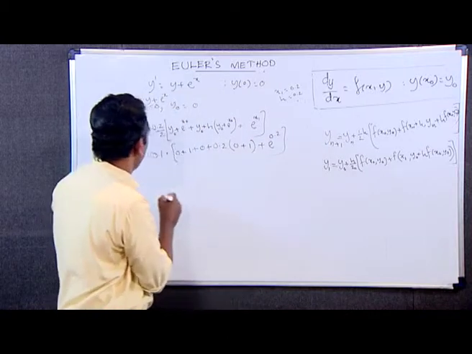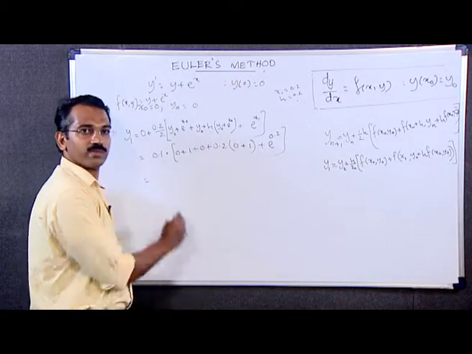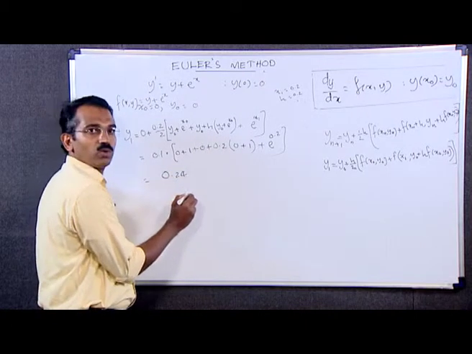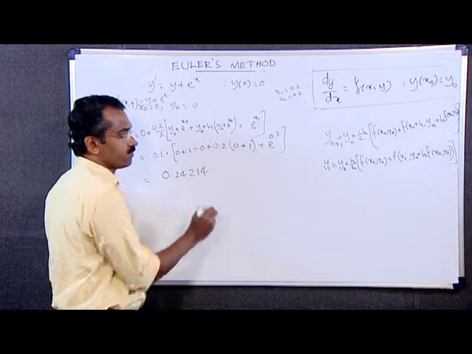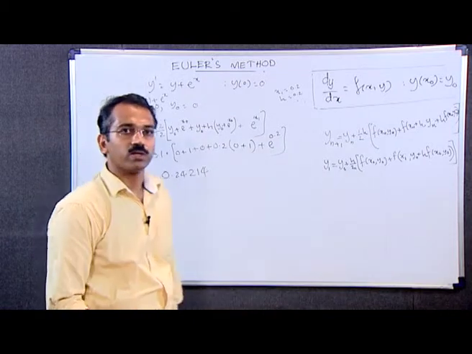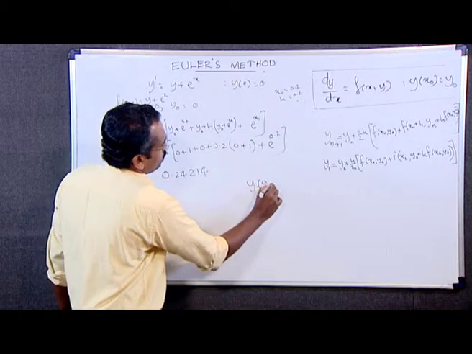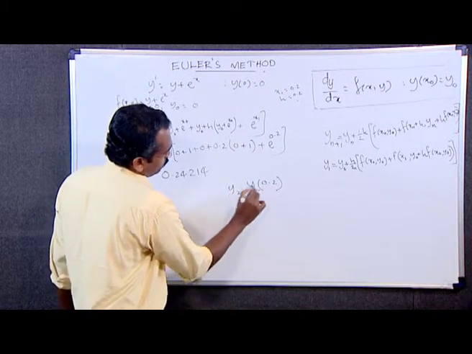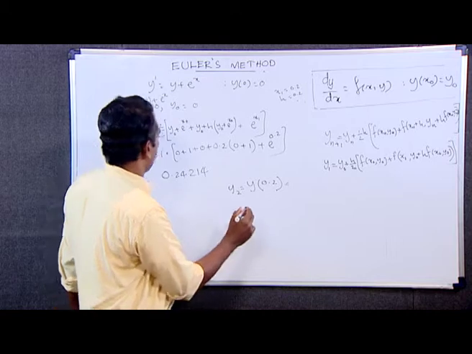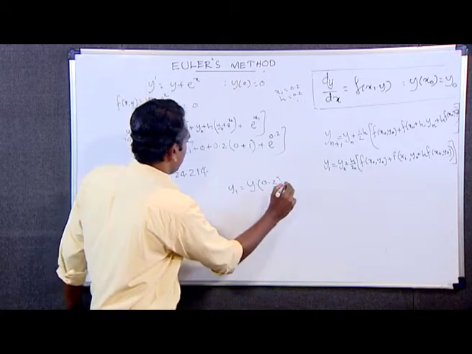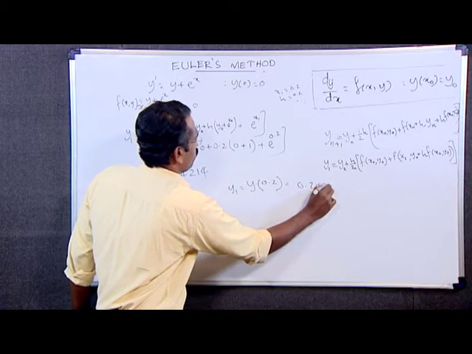Therefore, on simplification we will get this as 0.24214. This is the required value of y1.